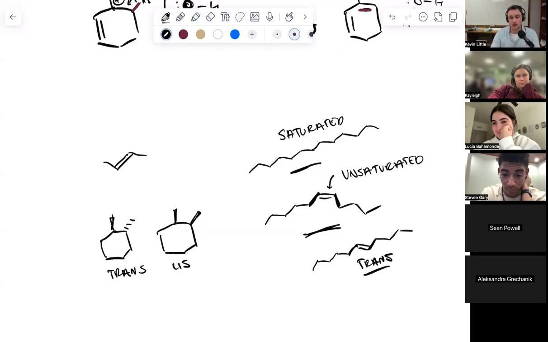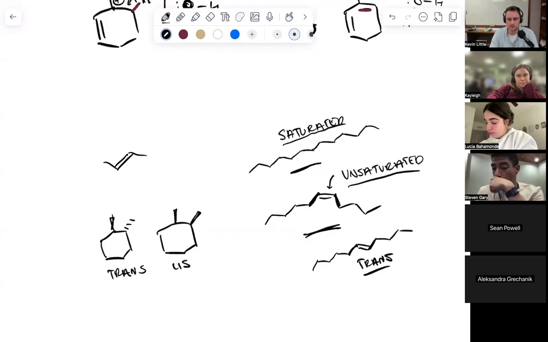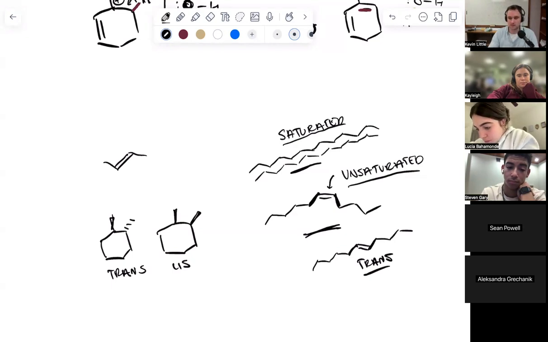Okay, so unsaturated fats. Have you ever heard this term versus saturated? Which one's liquid at room temperature? Saturated, right? Or is it the other? It's the other. So notice saturated fats can sit on top of each other very well.